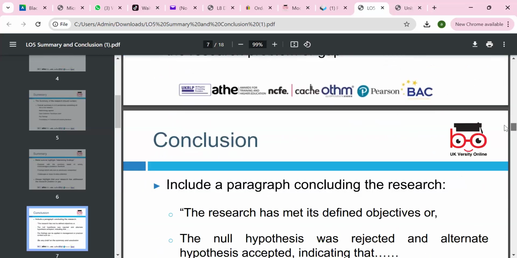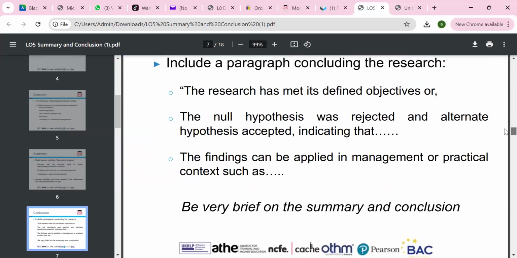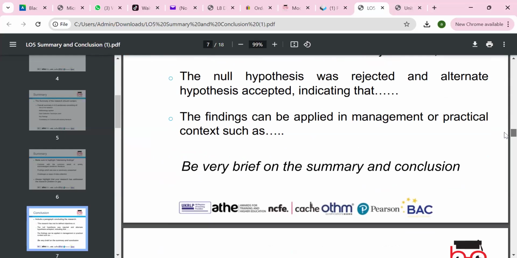The conclusion is a paragraph stating the research met its defined objective, the null hypothesis was rejected and the alternate hypothesis accepted, indicating that the findings can be applied to management practice, and briefly summarizing the conclusion.